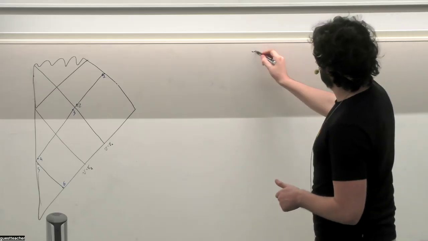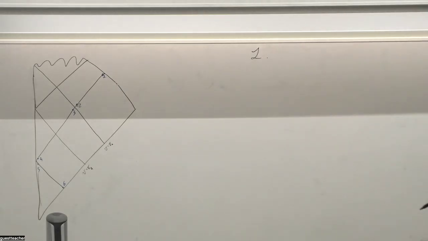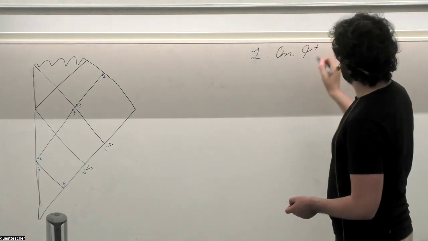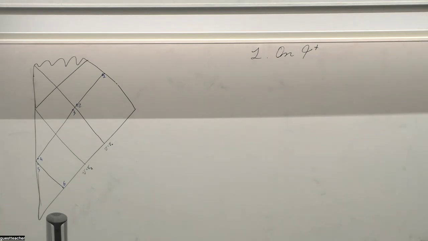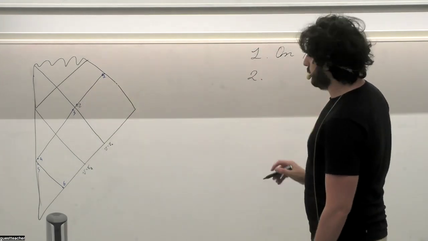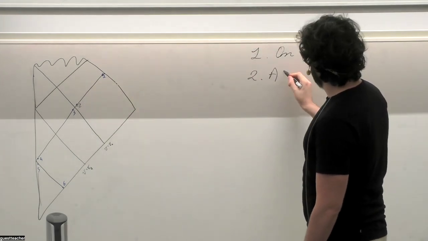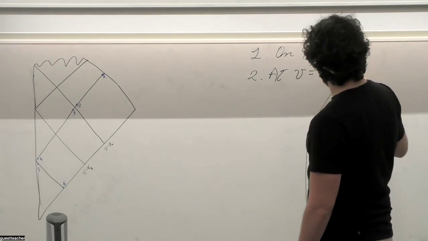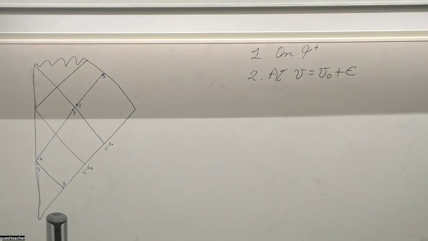Point 1 is the point where we know the result on scri plus. Then we need to trace it back and arrive at point 2, which is at v equals v naught plus epsilon, just outside the shell.